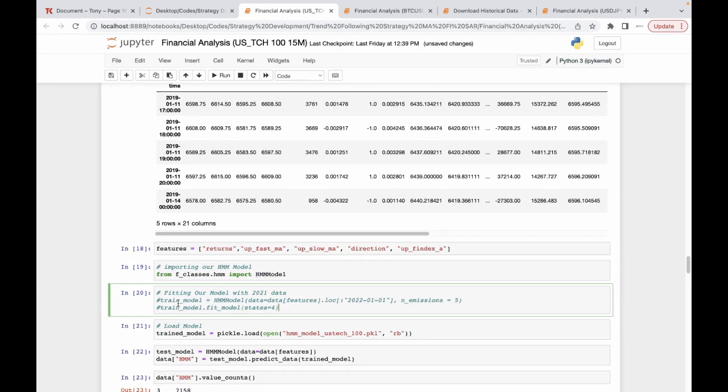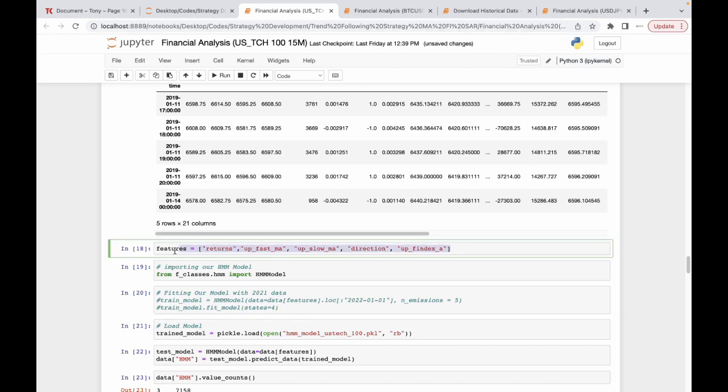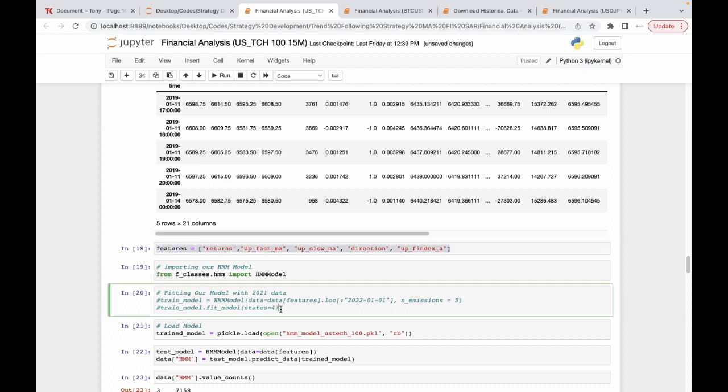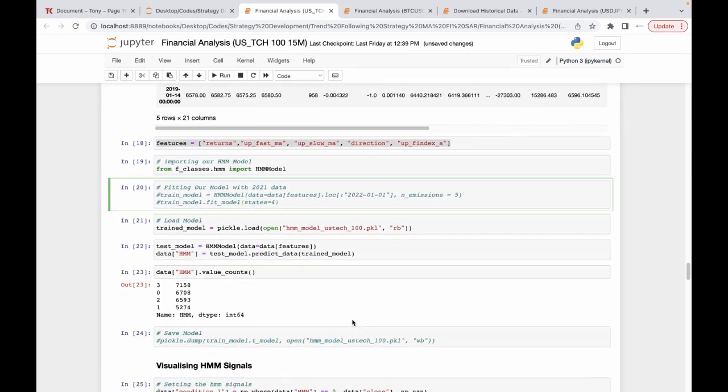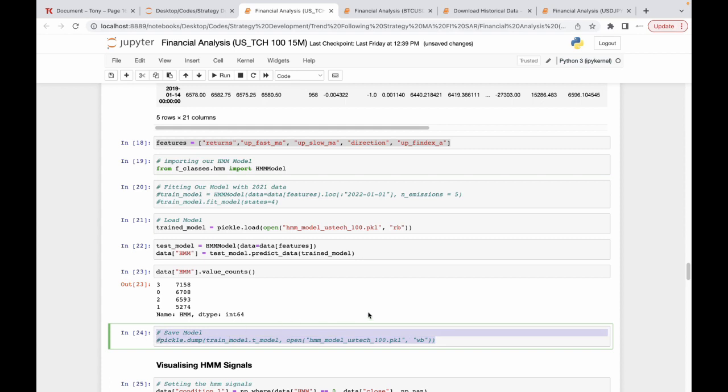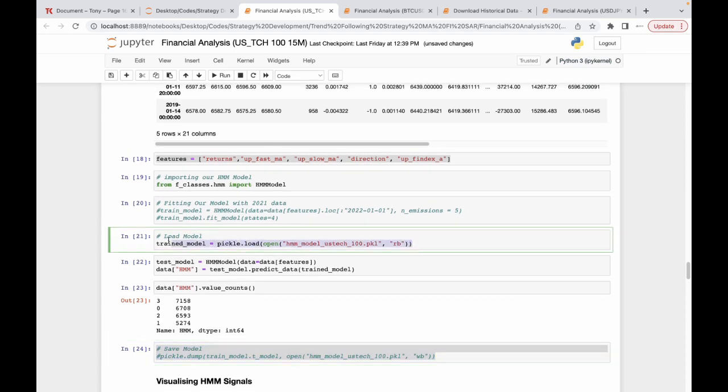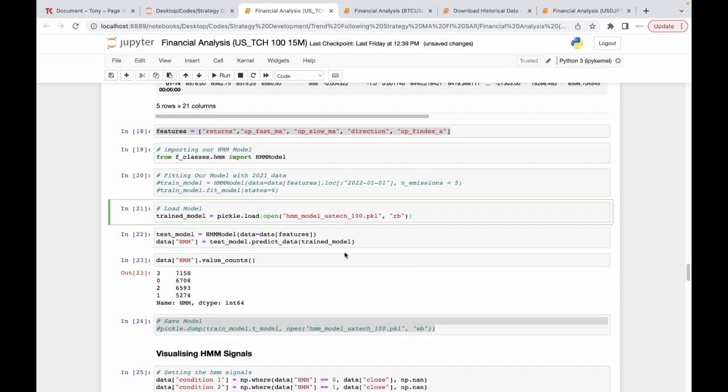And then we trained our model up to 2022 for these features. Okay, I'm not going to do that because we've already done that. And then we save the model here. So we're currently loading the model as a .pkl file. And then we are giving it the features.